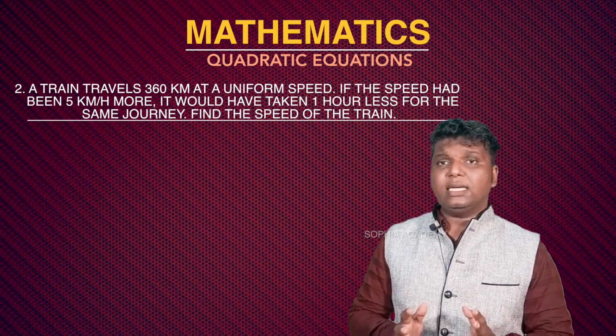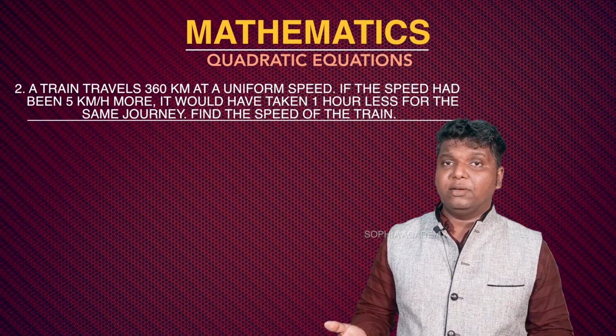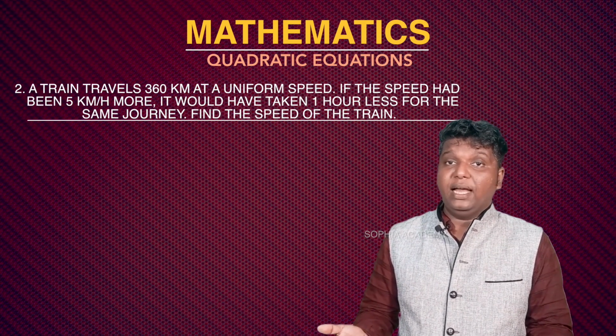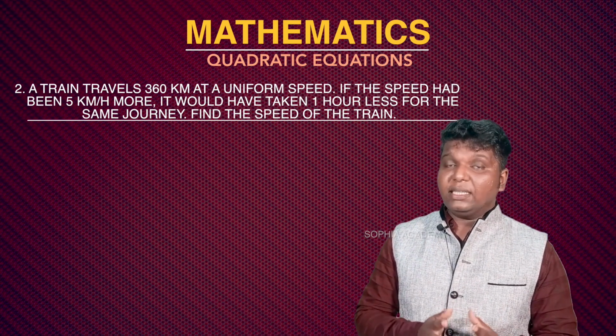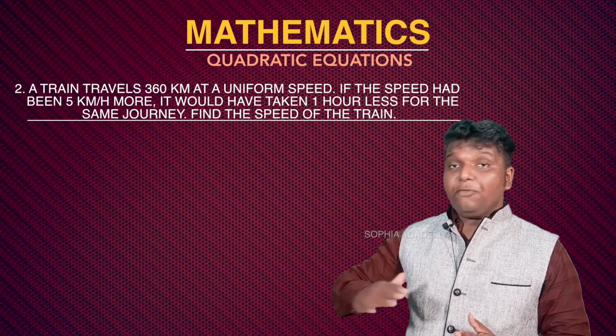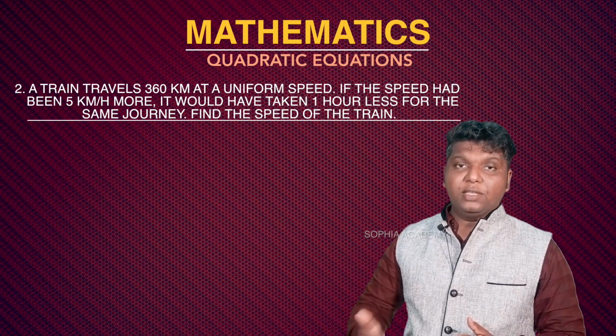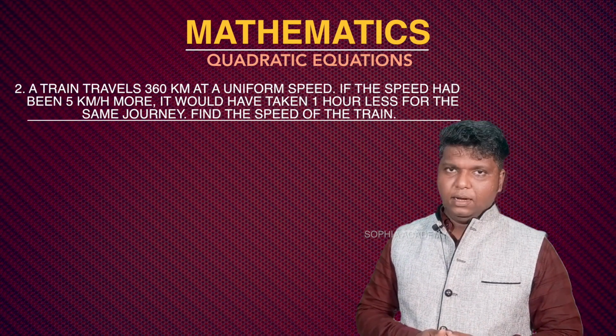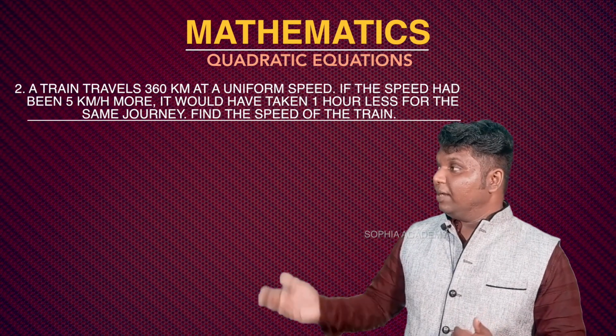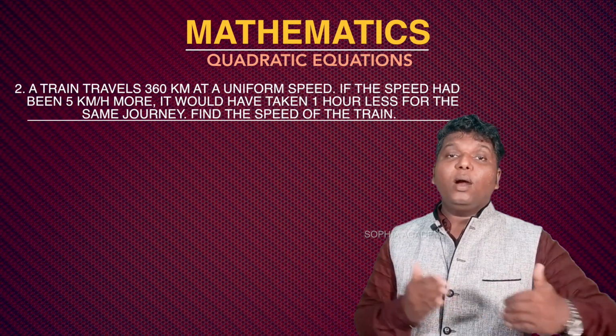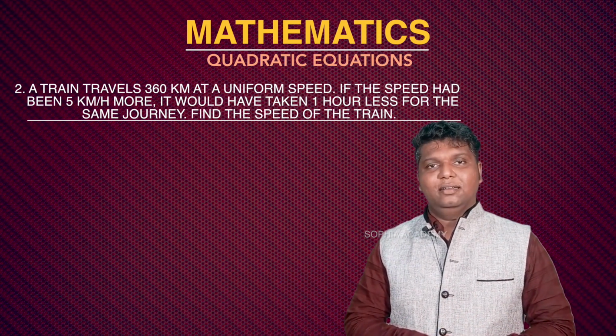For traveling 360 kilometers, how much time will it take? No idea. We have no idea what is the total time, right? But one thing is there, if we increase the speed of this train by 5 kilometers per hour, definitely the train will reach the destination 1 hour earlier, right?